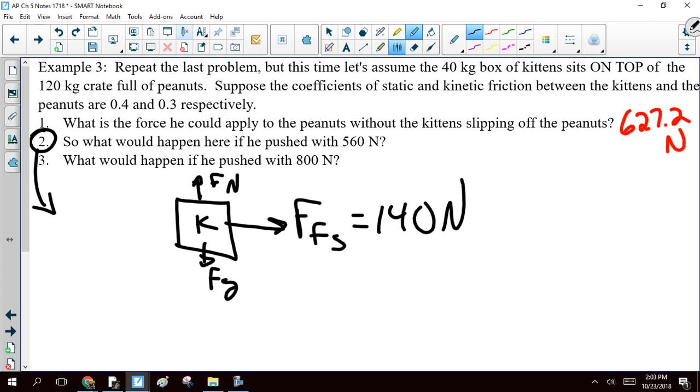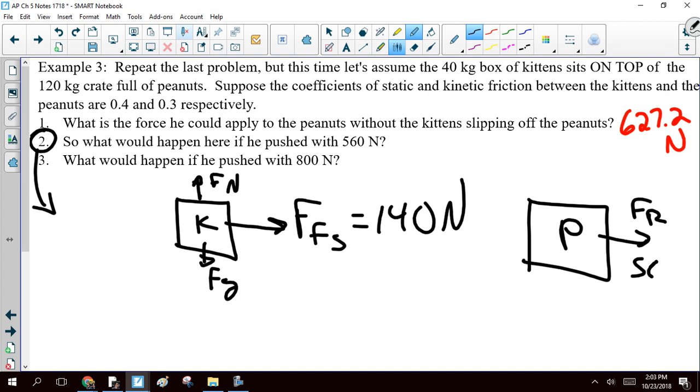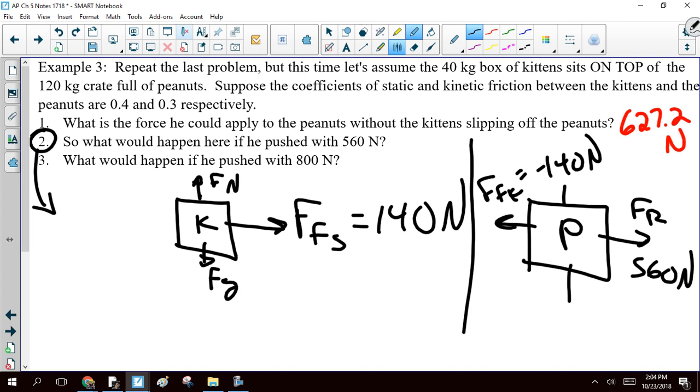And then for your peanuts, you're going to have the force of Roy, which is 560 newtons, and your force of kinetic friction is negative 140. And then again, gravity and normal force. Okay? So that's the deal with number 2. They'll move together, nothing weird there, because they're both going to have the same acceleration. The acceleration here ends up being 3.5 meters per second squared for both objects.